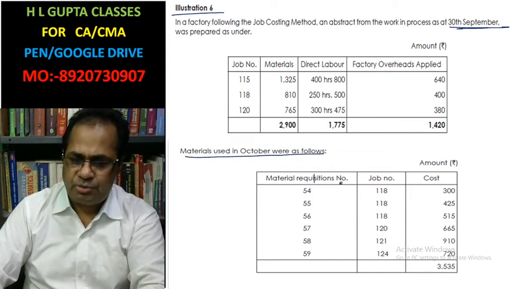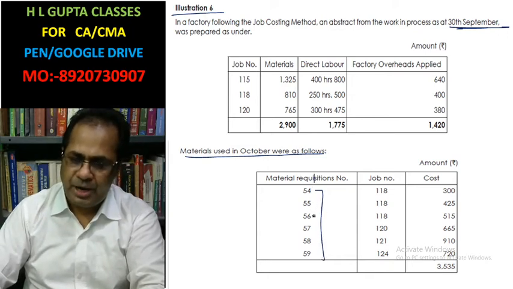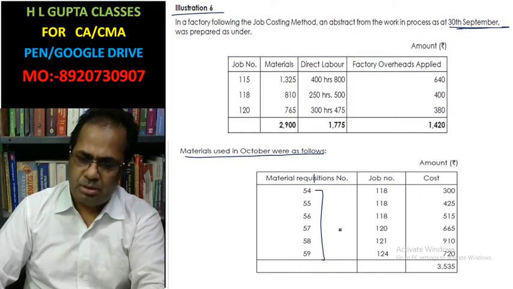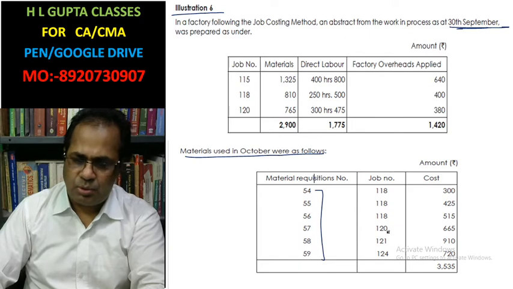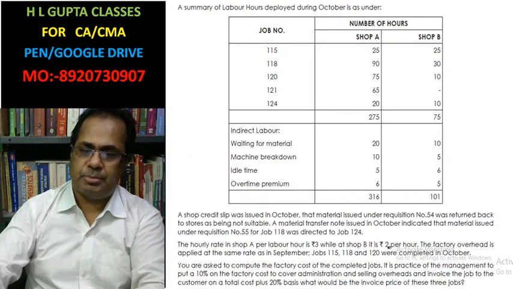This is the material requisition number 54, 55, 56 for job number 118, and its cost is given here. 57, 58 is for job number 120, and these are the costs for the different requisition numbers.